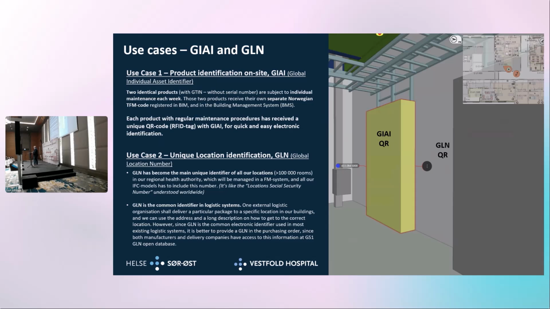We need to have separate identification of each one, and we use that with the GS1 system. It's like written here, a location social security number, which is understood worldwide. And not all of those are exposed in the GS1 GLN register.